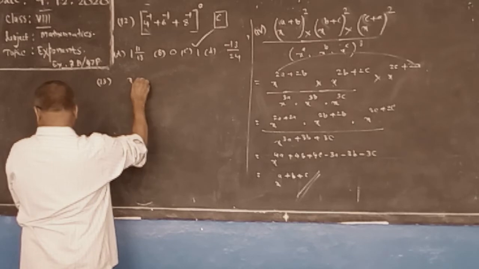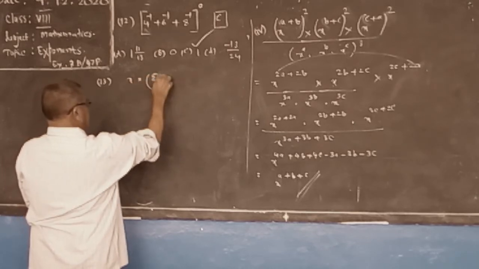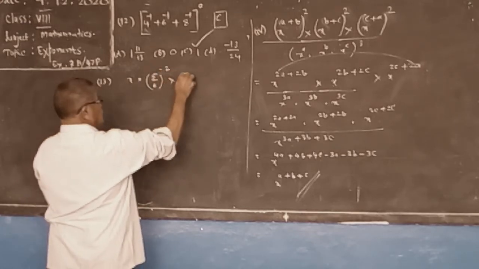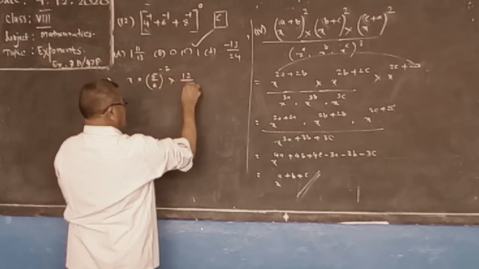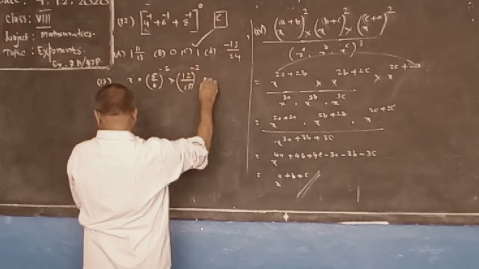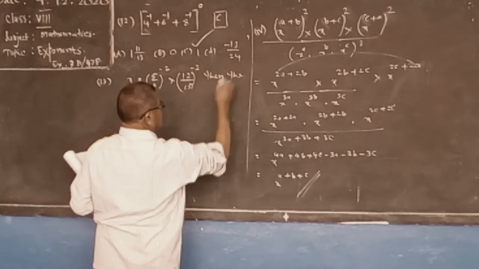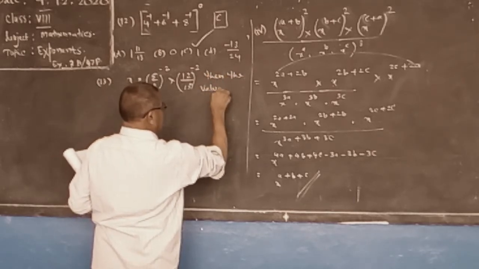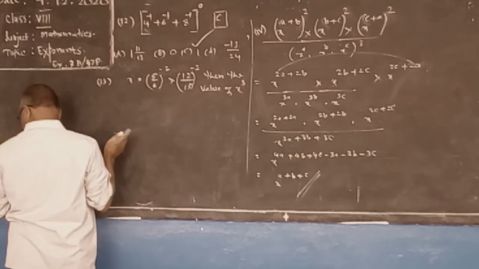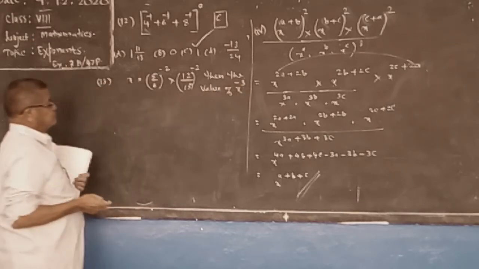x is equal to (5 by 8) power minus 2 into (12 by 15) power minus 2. Then find the value of x power minus 3. x is given, and he is asking the x power minus 3 value.